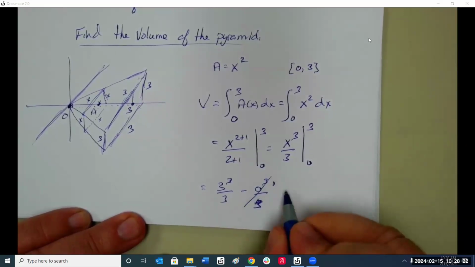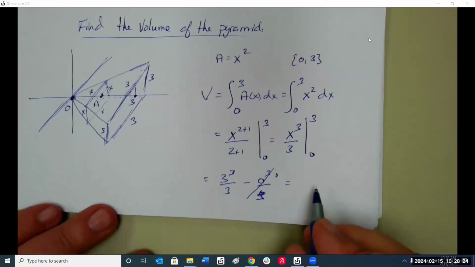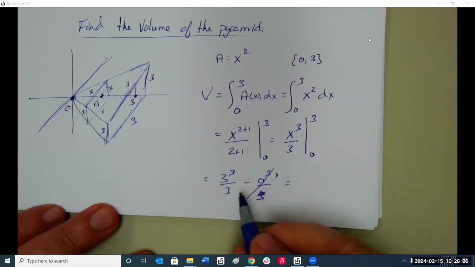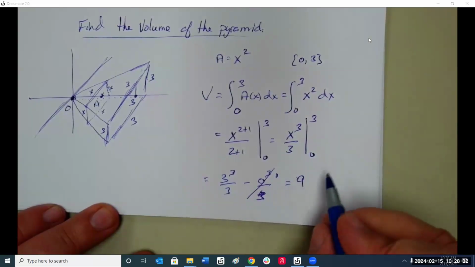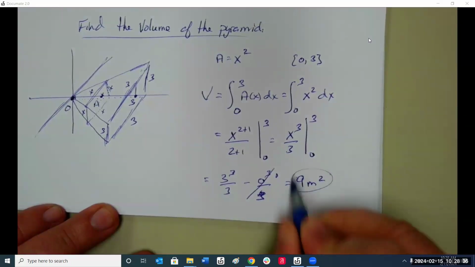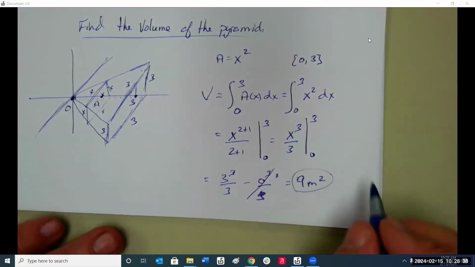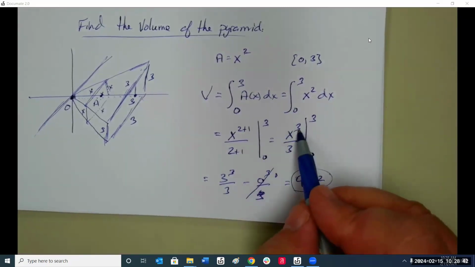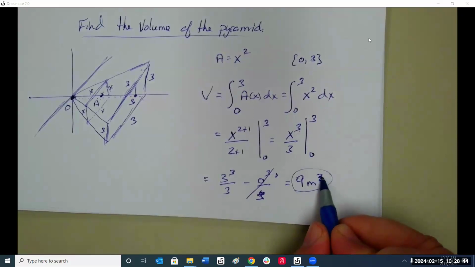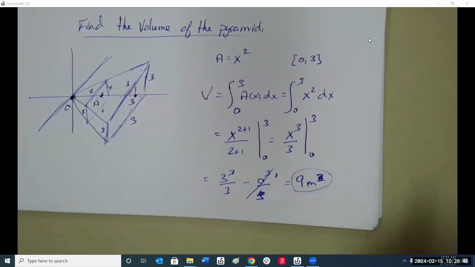That one's 0. So that's 3 times 3 times 3. So it's 3 times 3 is 9 meters times meters is meters squared. Oh, no, it's 3 of them. So that's our volume.